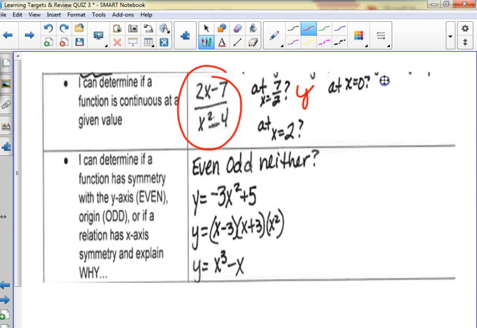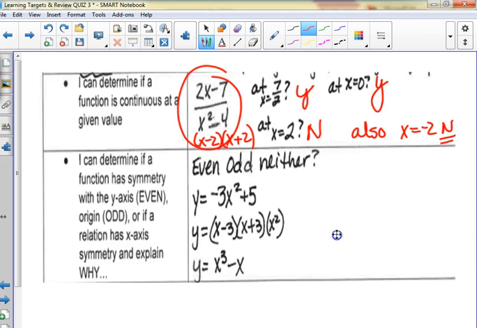At 0, put in a 0 top and bottom, you'd get -7 over -4 or +7/4. Is that okay? Is it continuous at 2? Where else is it discontinuous? Yes, if you factor the bottom, it has undefined places at 2 and -2, so that would also be a no.